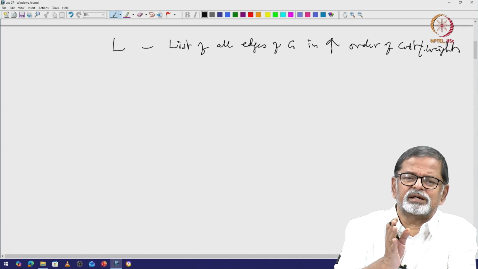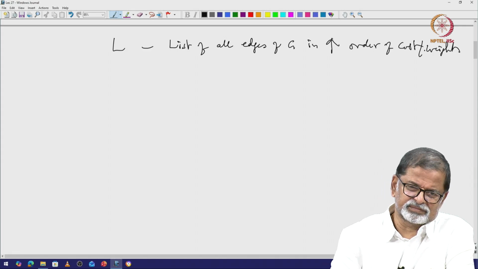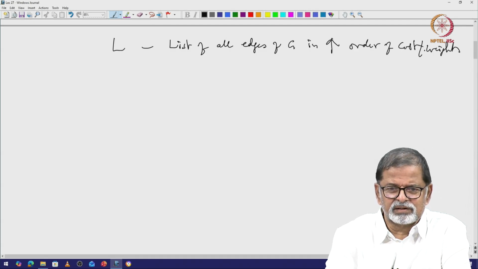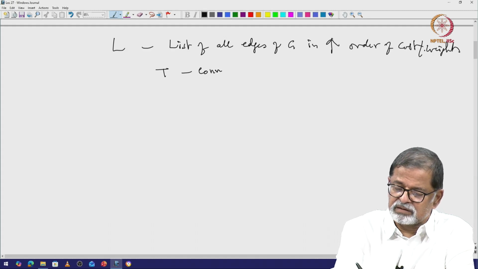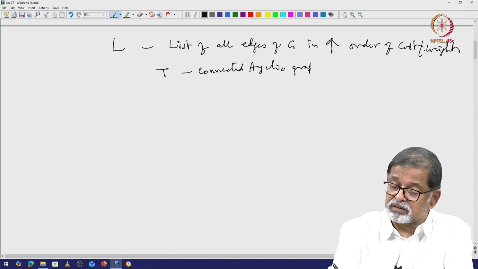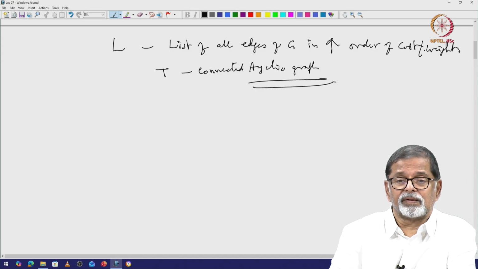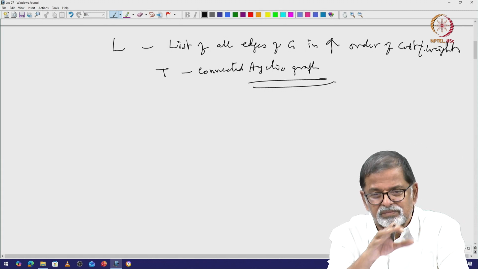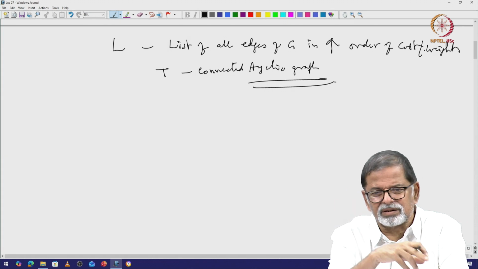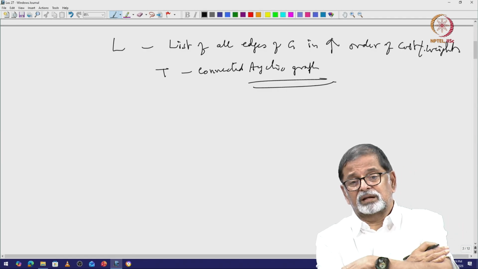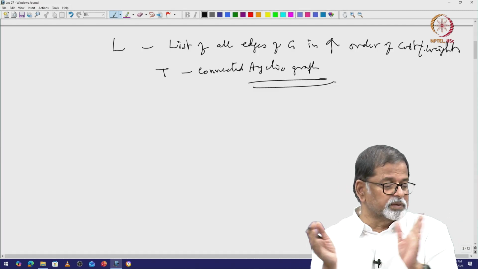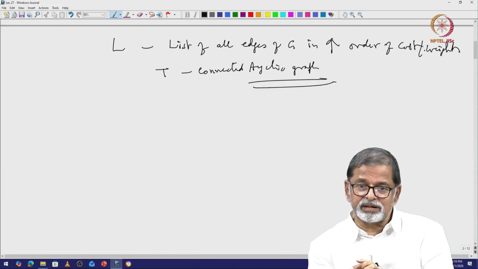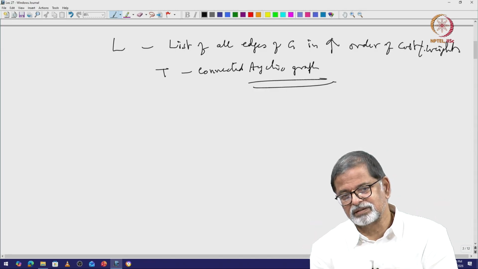So, when do I ignore, when do I consider? That is a question to be answered. Our logic is also simple. A tree is a connected acyclic graph. So, if an edge is going to form a cycle, ignore it, because you cannot have a set of edges and one more edge that would form a cycle. That will not be a part of the tree, right. Cycle can never be a part of a tree.